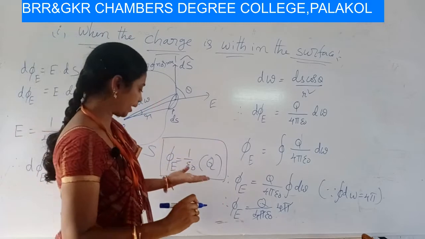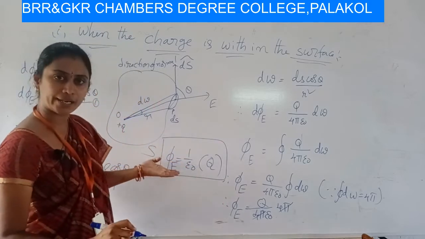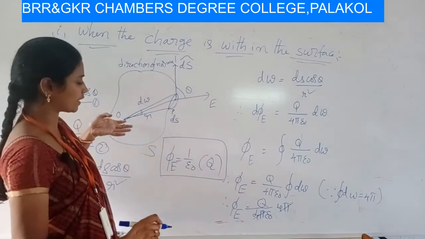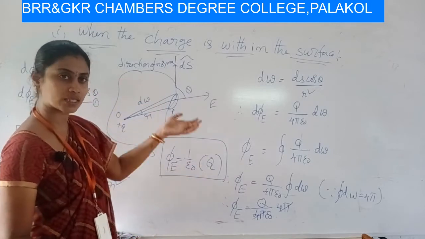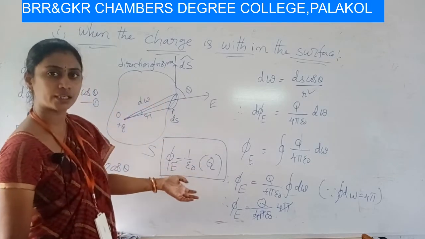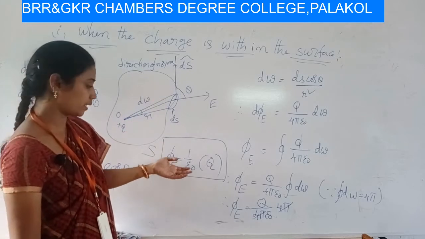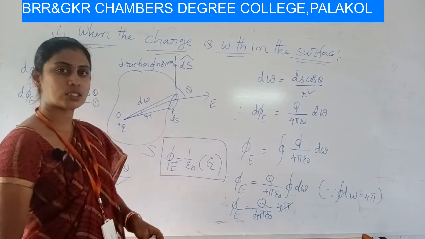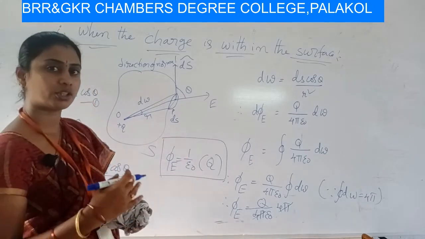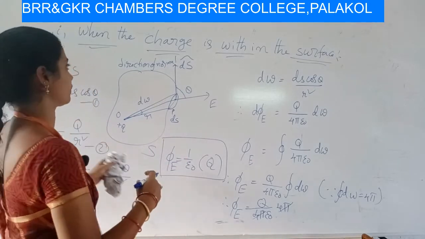So our statement, the total normal electric flux through any closed surface must be equivalent to 1 by epsilon naught times the charge enclosed within that closed surface, is proved. This is case 1. So case 2 can be explained when the charge is outside the surface.